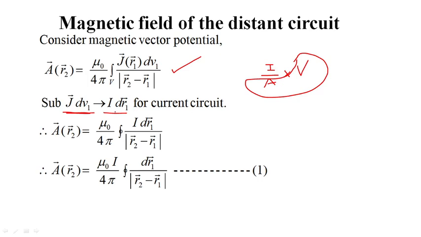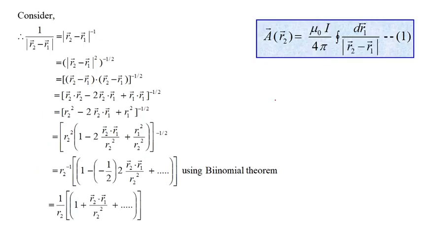So for a current circuit, you can replace J dV by I dr. So the magnetic vector potential at a certain distance R2 is mu naught I divided by 4 pi, integral of dr1 times 1 by modulus R2 minus R1. A similar expression we also wrote for the electric dipole in electrostatics. Now we have this formula.